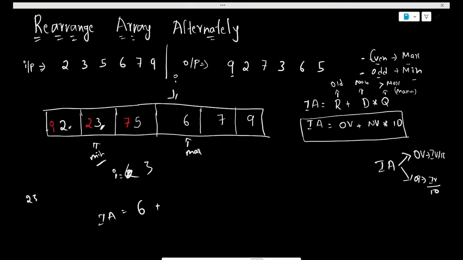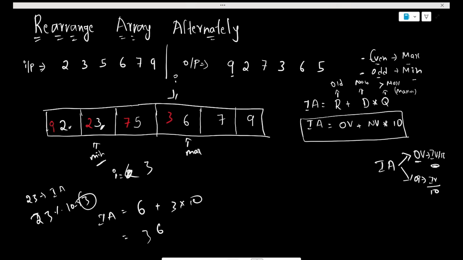Here 23 is an intermediate answer. We don't want 23. What we want is 3. So how to get 3 from 23? For an intermediate answer, to get the old value, we need to do percentile with 10. So 23 percentile 10, here we will be getting 3, and taking the same 3 into 10, that is 36. Simple.